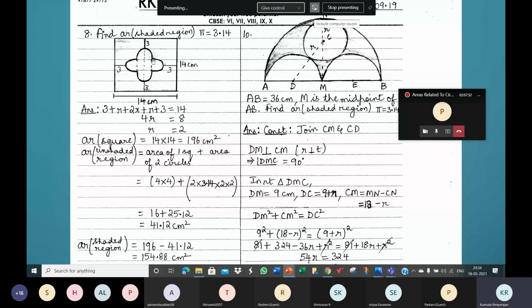I'm calling this the design. This design is not shaded. Outside the design is shaded. So this is unshaded, and all this is shaded.